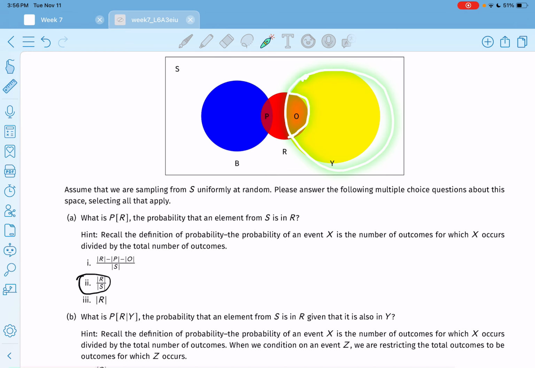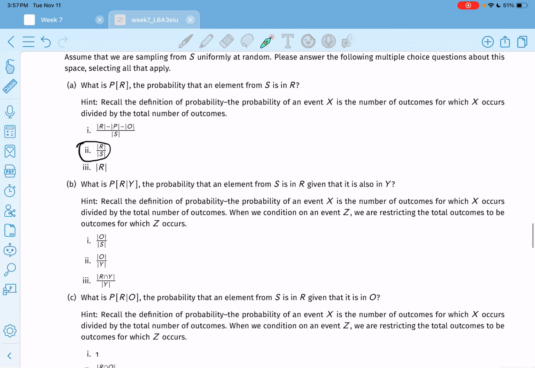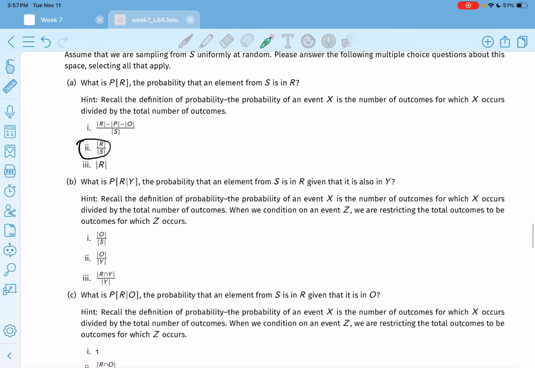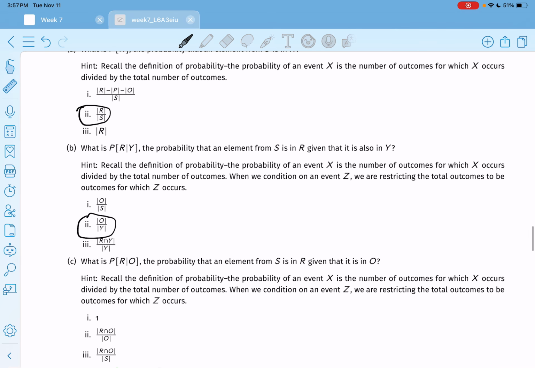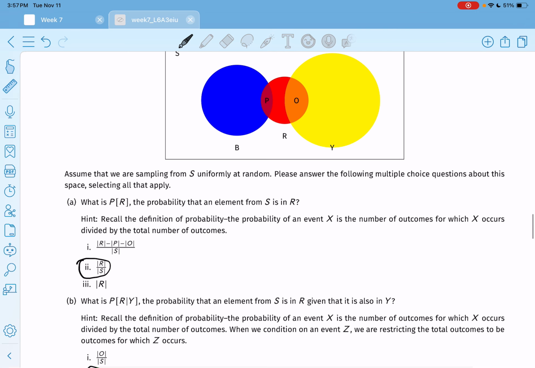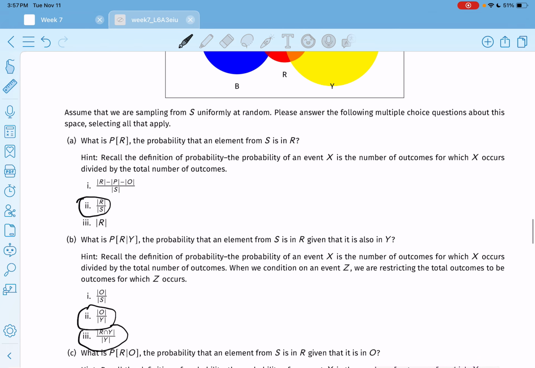So we can know this area is O, which is also the intersection of R and Y. So we can go to the answers. This one is just O over Y, which is correct, and this one is R intersects with Y over Y, which is also O over Y. So 2 and 3 are correct.